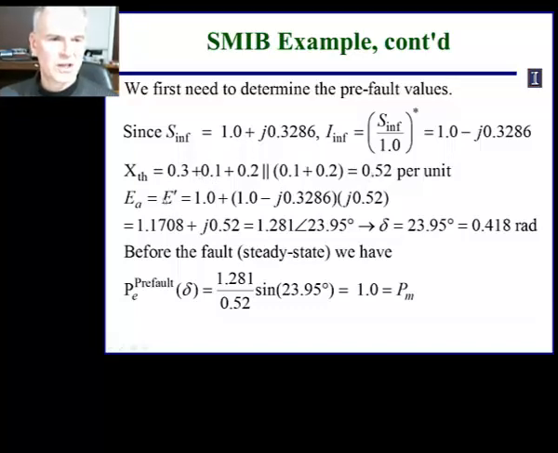That alters our internal voltage slightly, and it alters our internal angle delta slightly. And again, we verify that pre-fault we've got P_E as a function of delta equal to 1, which is what we specified, and that determines the initial value for the mechanical power going into the generator.